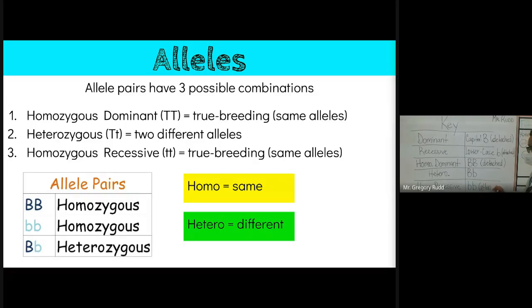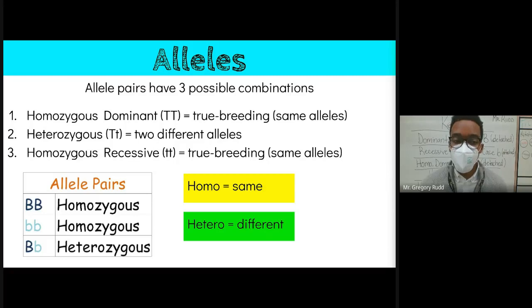Because attached is a recessive trait. Let me say that in the microphone. Attached, as we've already determined, is the recessive trait. So in order to have the recessive trait, I need to be homozygous recessive.